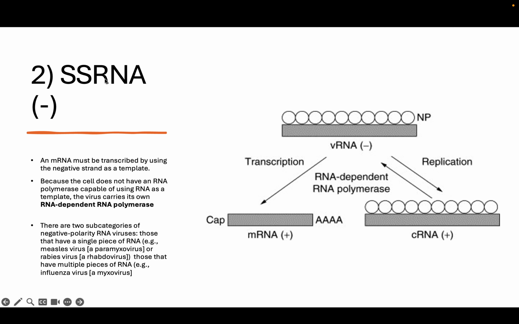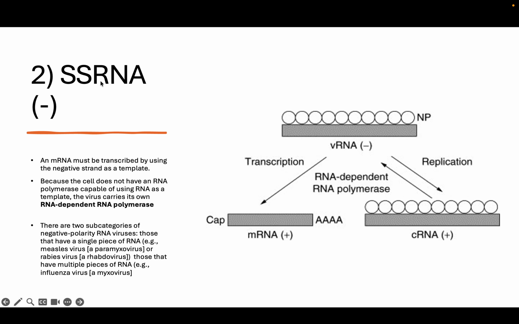When it comes to single-stranded RNA with a negative polarity, no, they need their own RNA-dependent RNA polymerases because, as I said before, humans do not have RNA polymerases that can transcribe mRNA from RNA. It can do it from DNA, hence it's DNA dependent.